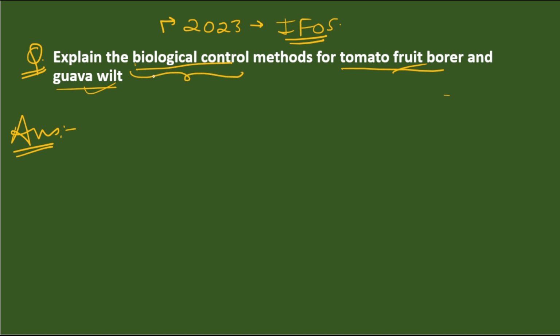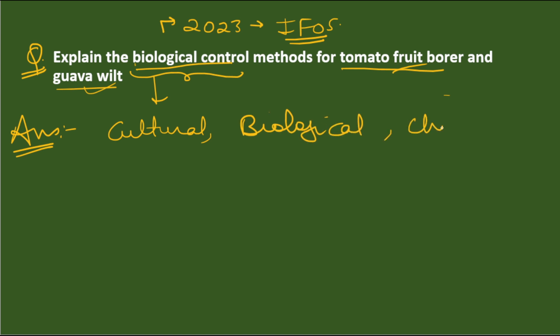Whenever we go to control, there are different types of control, such as cultural control methods, biological control methods, and chemical control methods. In chemical, we all know that we use chemicals such as pesticides, weedicides, wherever required.